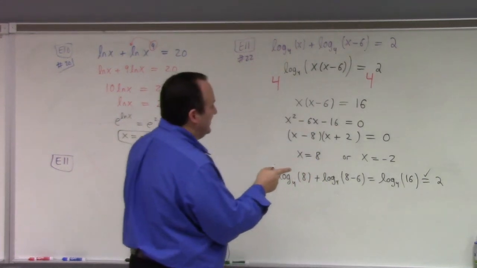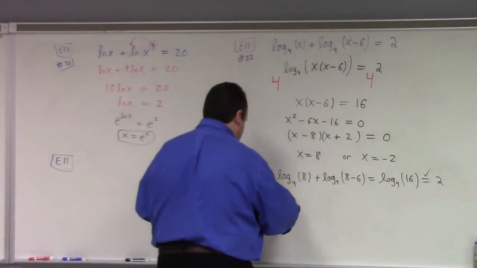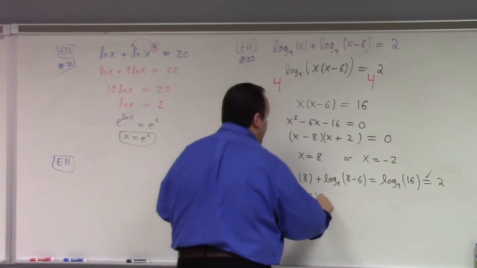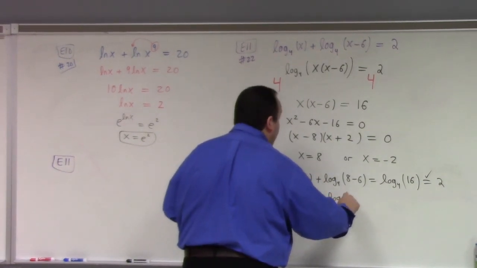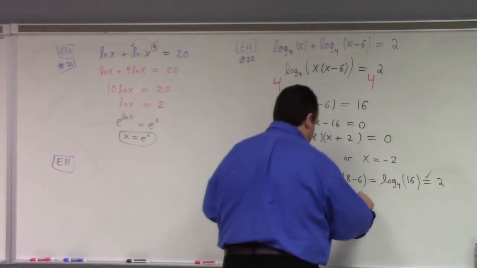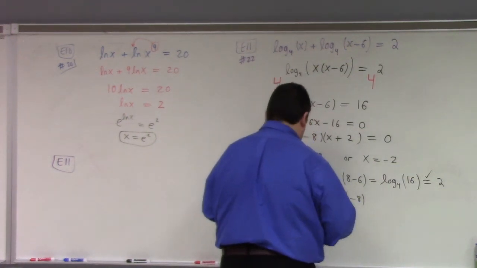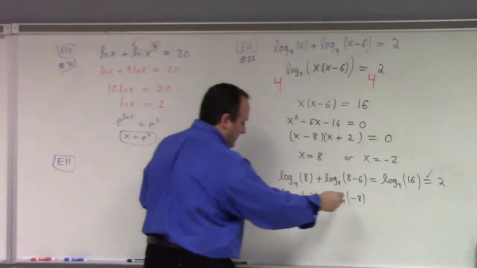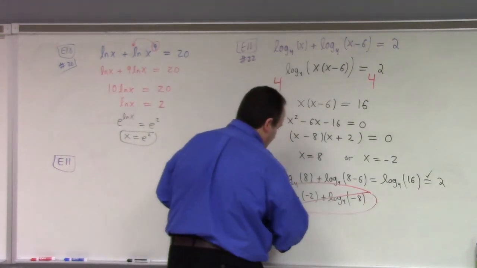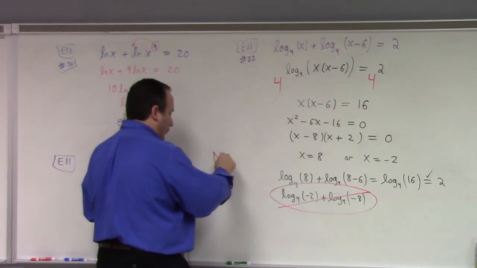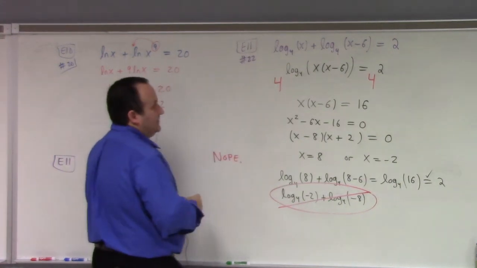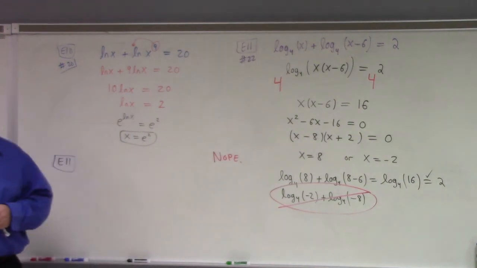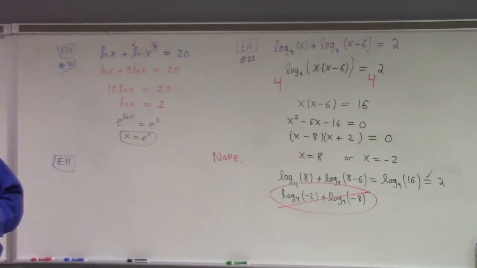But what happens when you try to plug minus 2 in? You've got log base 4 of minus 2 plus log base 4 of, well, minus 8. And right here, full stop, right? Nope, no can do. See, the domain for the logarithm is positive numbers; we cannot input a negative number into a logarithm.